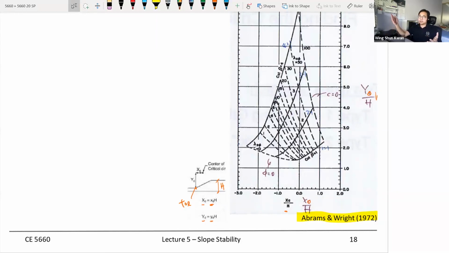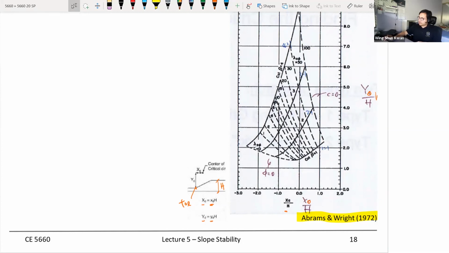Or in the old days, when you didn't have a computer, you needed to do some trial and error again. You will try a couple of different points along this grid right here, and then you keep narrowing down until you find a zone that gives you a family of factors of safety, with that being the lowest, and then from there you will conclude where your critical slip surface is.